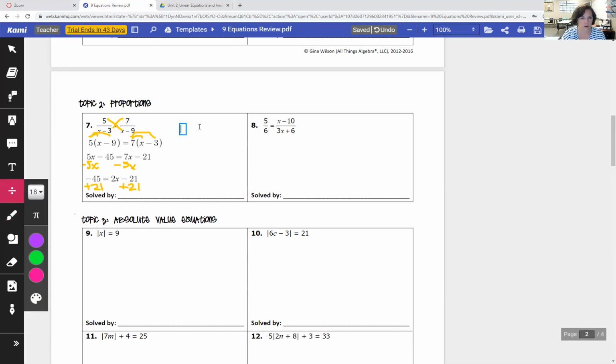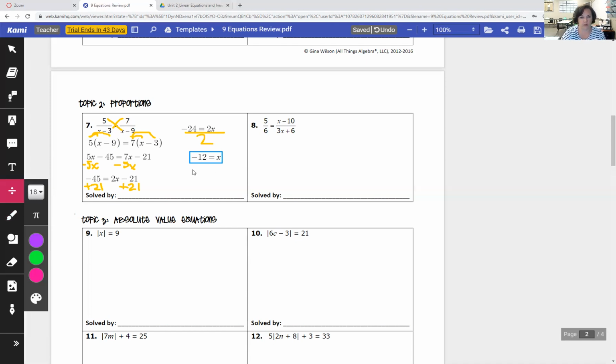Negative 45 plus 21 is negative 24, equals 2x. So last of all is dividing by 2. Negative 24 divided by 2 is a negative 12.